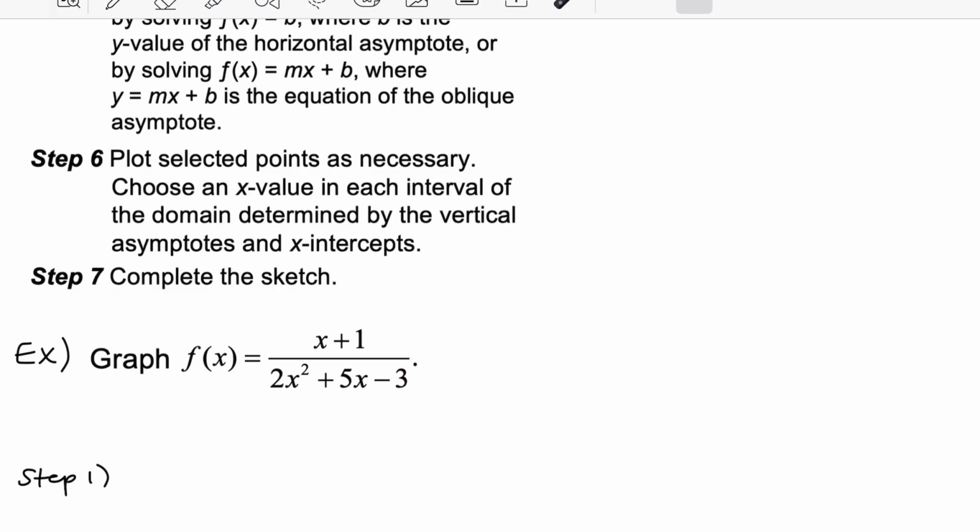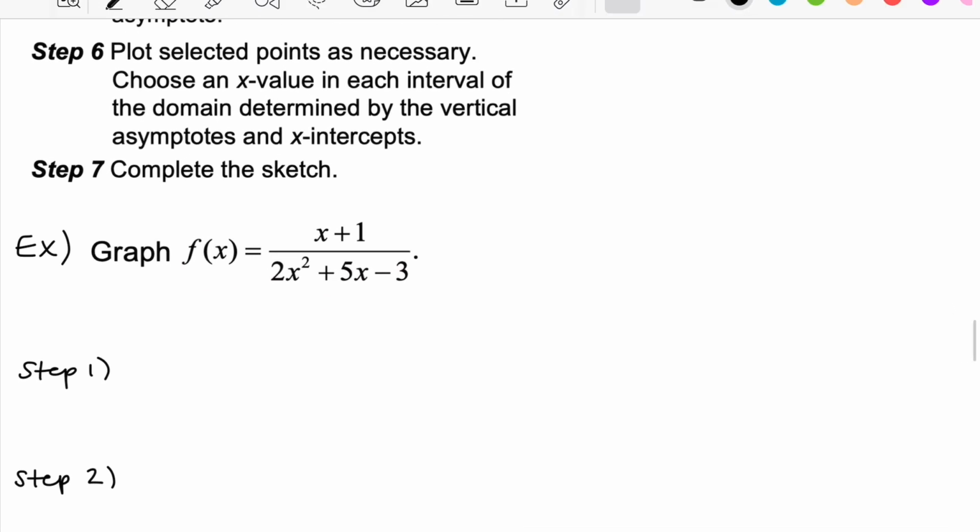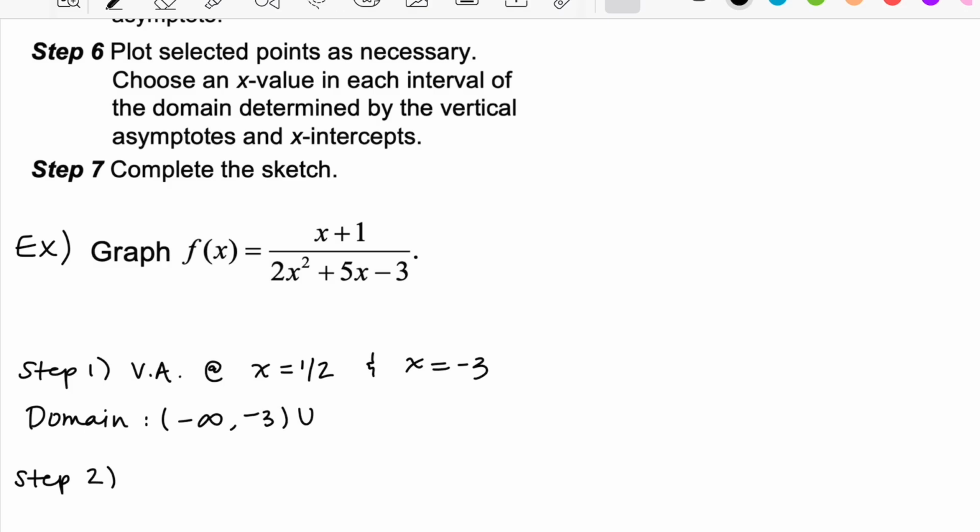So this function here was the first function that we saw in the first example. And there we saw that we had a vertical asymptote at x is equal to 1/2 and x is equal to -3. And so this told us that our domain is all real numbers except for those two. Right, so this was from the first example.